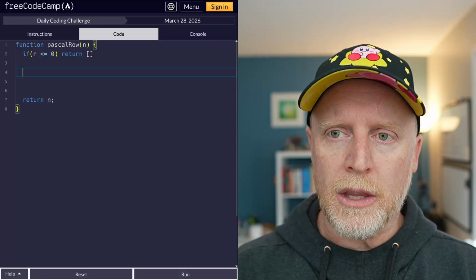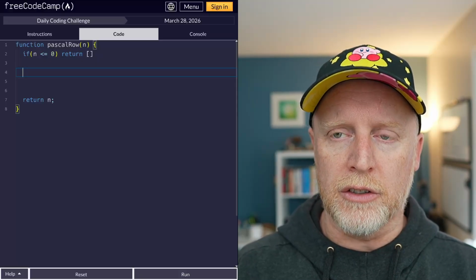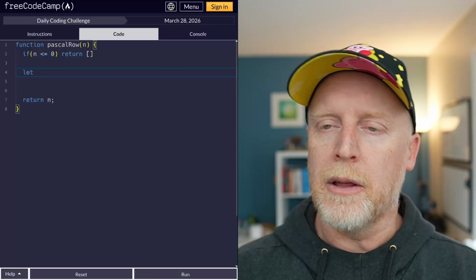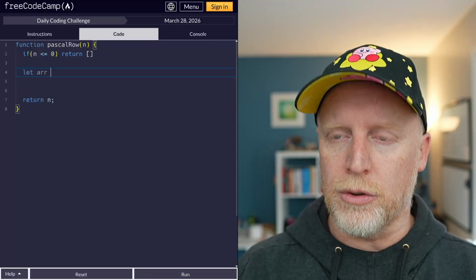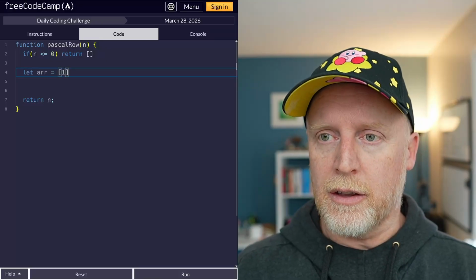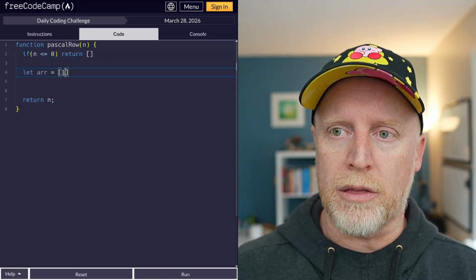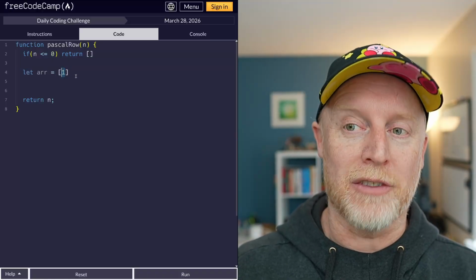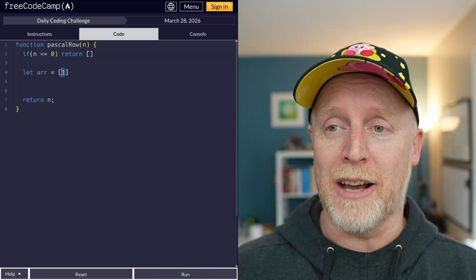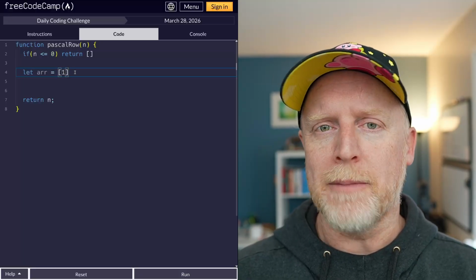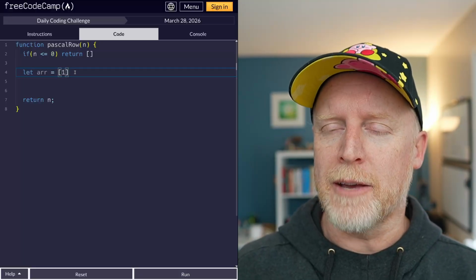So the first thing is not a const, but a let. Actually, it could be a const now that I'm thinking about it. But I'm going to set it to the name of array and make it an array with 1, right? Not one, well, I guess one item, and the item is 0 indexed with a 1, which is probably going to confuse me, but hopefully it doesn't confuse you, okay?